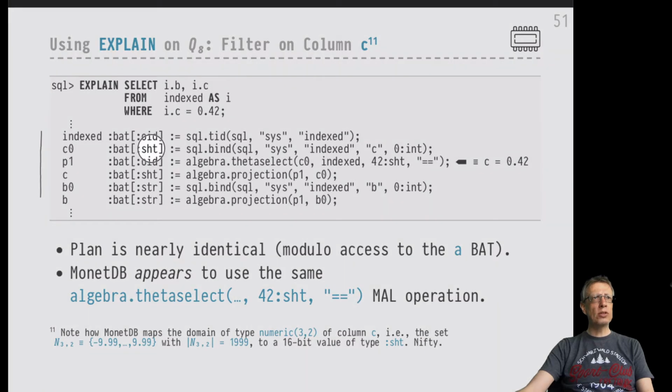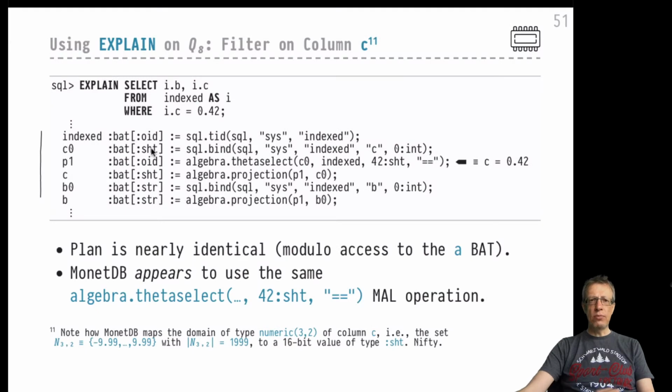That's something that you can see here. That's a very nifty trick to save the system from doing decimal arithmetic, but instead map the arithmetic and the operations on a column of type, I think, numeric 3,2 onto 16-bit short values.